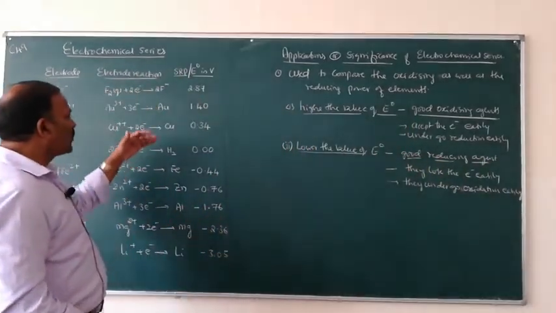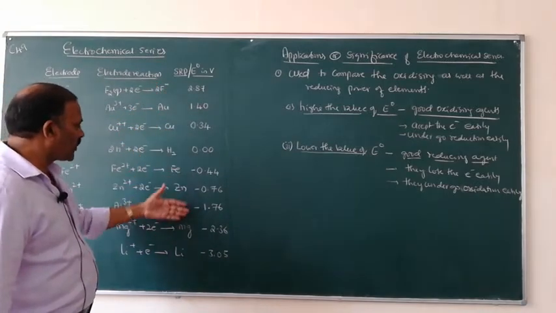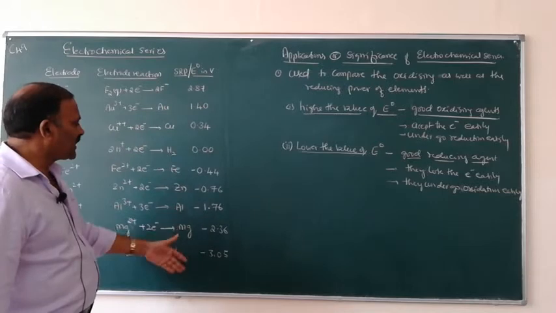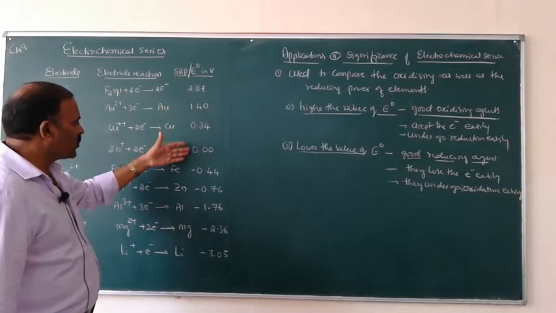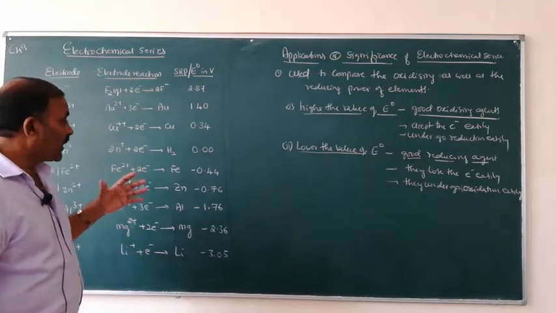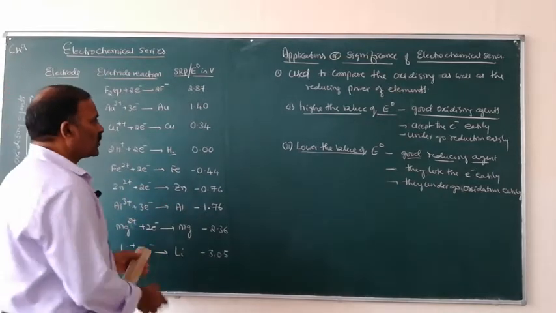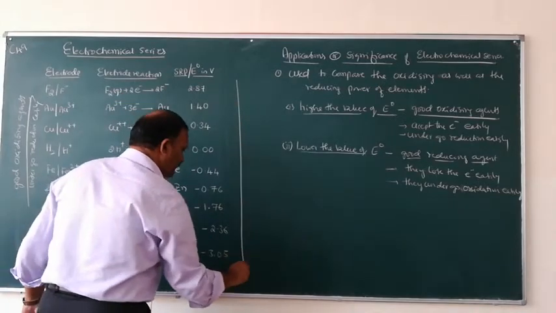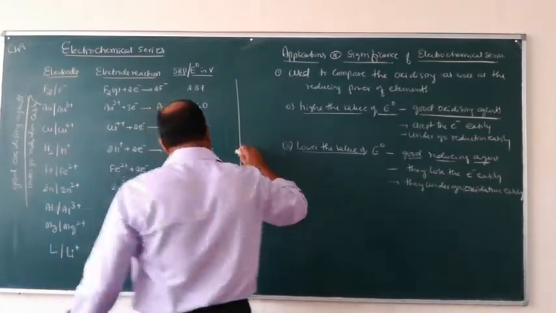So as we move from top to bottom, what happens? The electrode potential goes on decreasing. As the value goes on decreasing, they become good reducing agents. So good reducing agents in this direction.